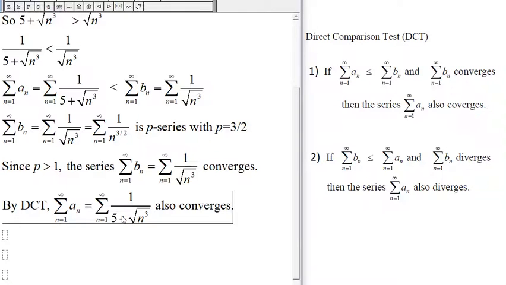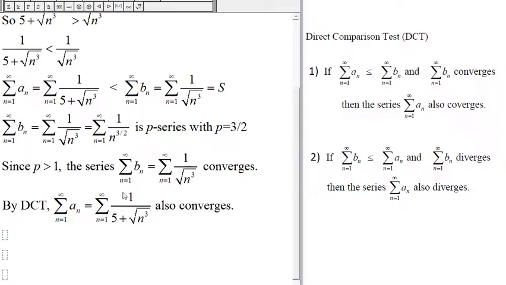And the reason behind this is because we've shown that this converges, and therefore this must equal some real number s. And this series right here is all positive terms. And so this series is bounded between 0 and s, and that's why it converges.